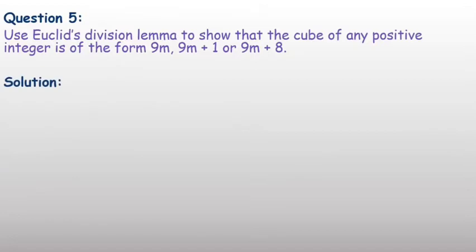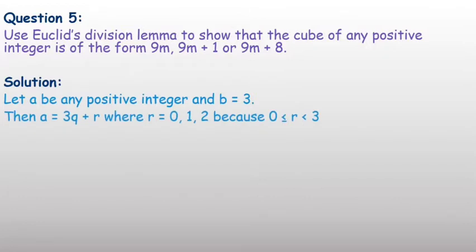Now next question number 5 of exercise 1.1. You have to prove cube of any positive integer is of the form of 9m, 9m plus 1 or 9m plus 8. Here again, let a as a positive integer, which we can write in the form of 3q plus r, and possible values of remainder 0, 1 or 2.